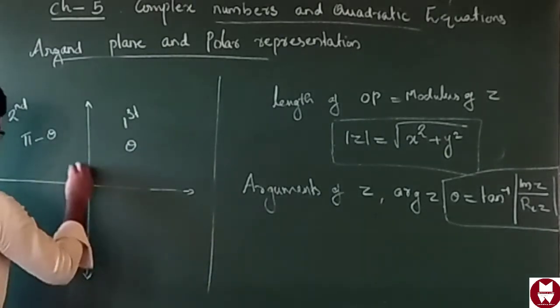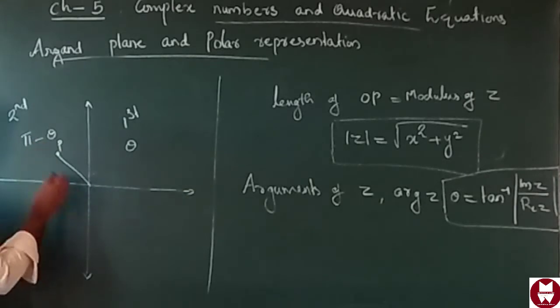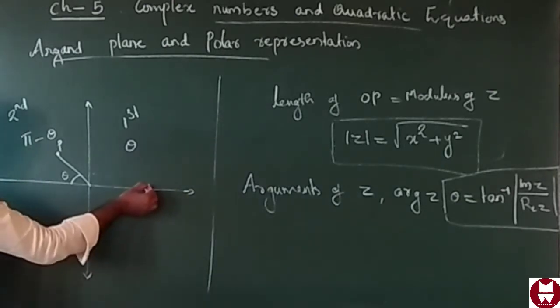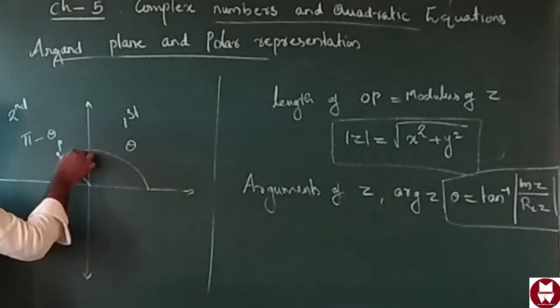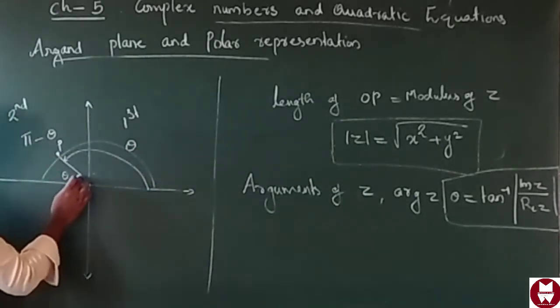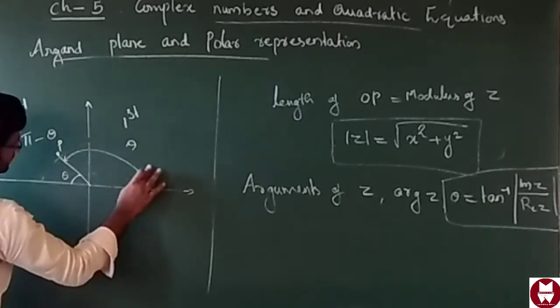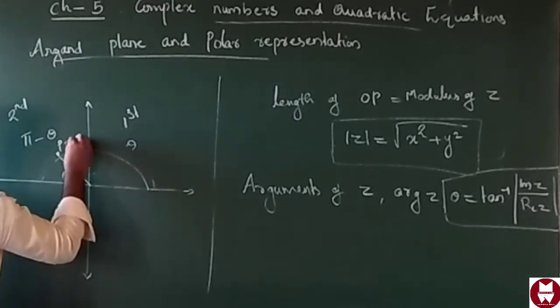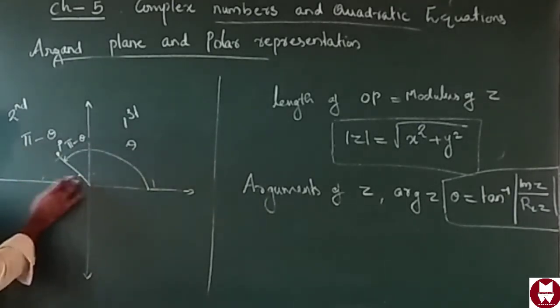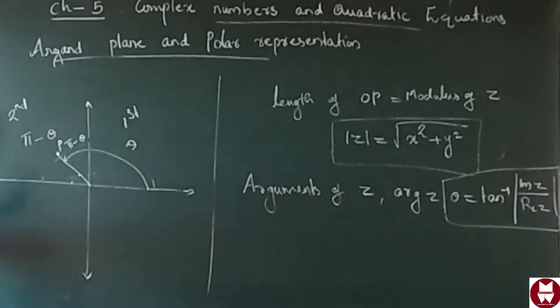Just consider a point P, and we will get theta here. We always consider it from here, in the anti-clockwise direction. This total angle, you know, is pi, isn't it? Then from here to this much is theta. Then this part you will get is pi minus theta, total minus this part. In the second quadrant, the argument will be pi minus theta.